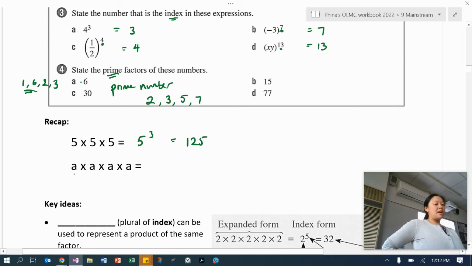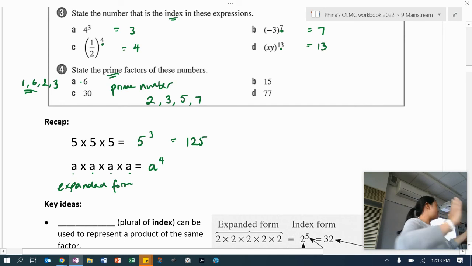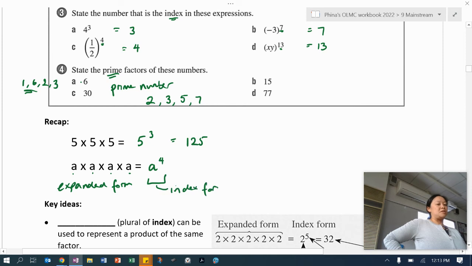Now A, we've got how many A's here? 1, 2, 3, 4. So this is A to the power of 4. So this first bit is what we call expanded form, because it's written out completely what it means. And then this part with the index here is index form because there's an indice involved.